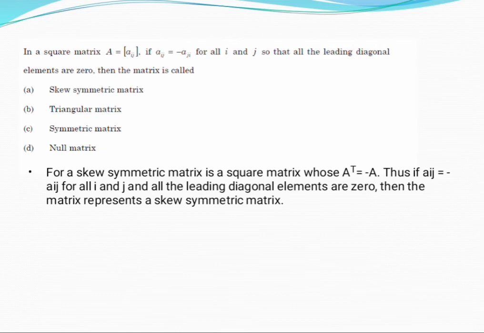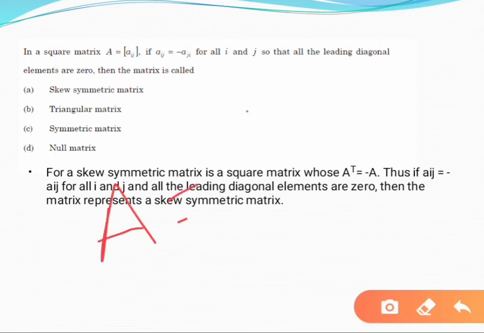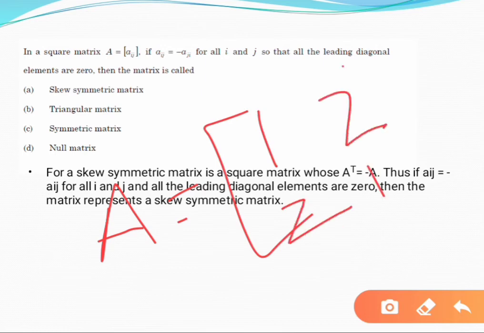I will give you an example. For example, matrix A equals a 2 cross 2 matrix, 1 2, 2 1. It is a square matrix of order 2 into 2, 2 is the number of rows and 2 is the number of columns.